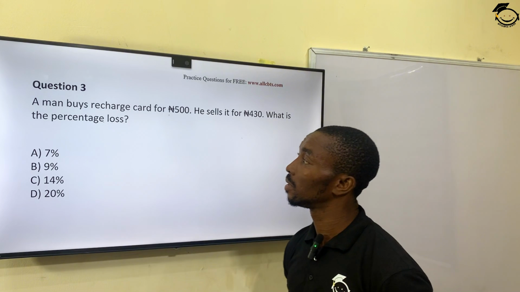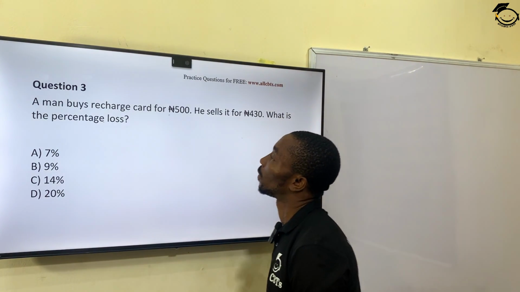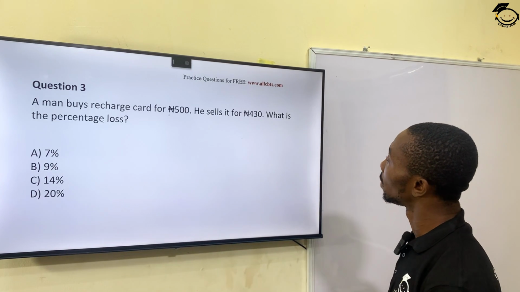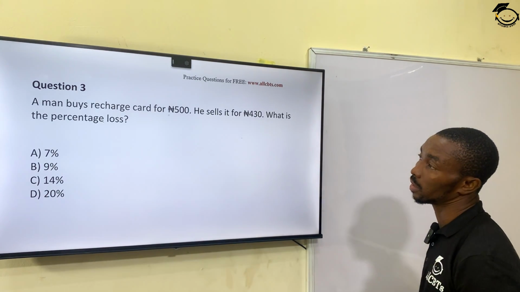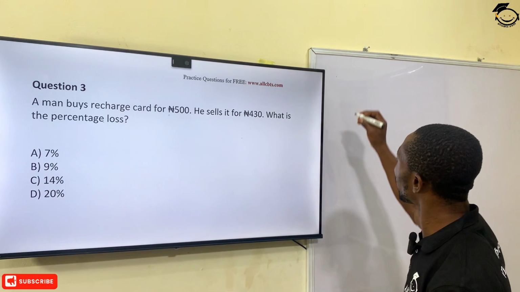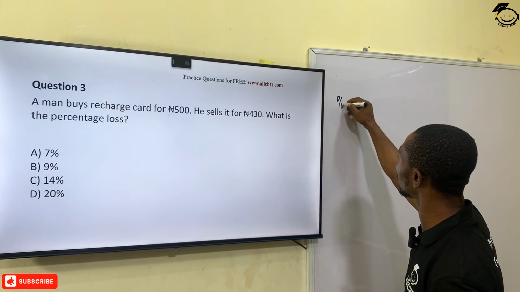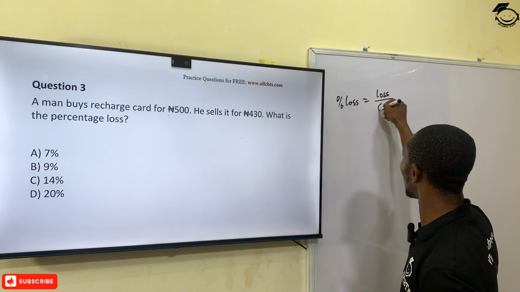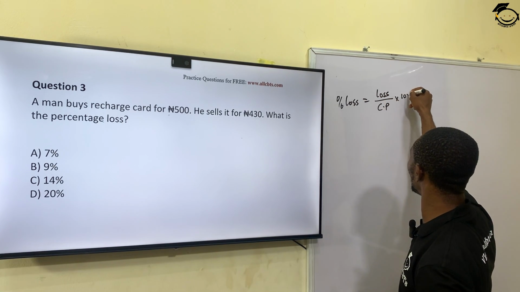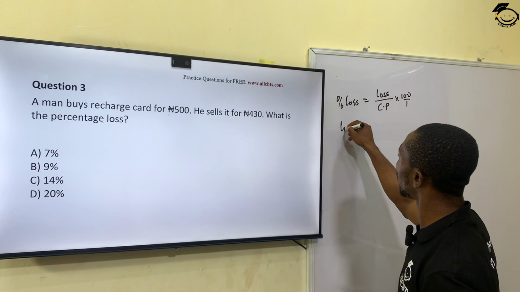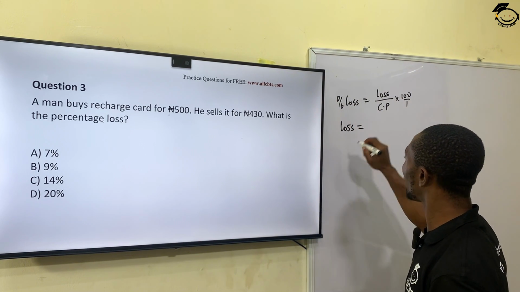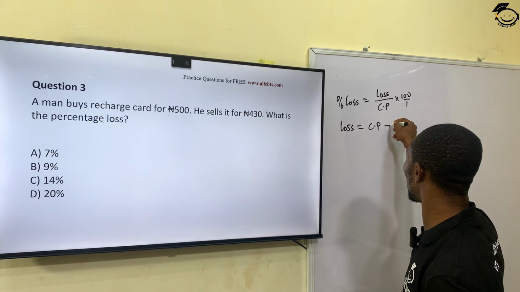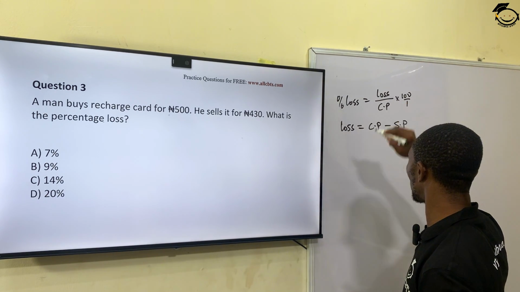Our next question says, a man buys a recharge card for 500 naira. He sells it for 430 naira. What is the percentage loss? Now, for us to calculate percentage loss, we have loss all over cost price times 100 over 1. And to find loss, we have cost price minus selling price.